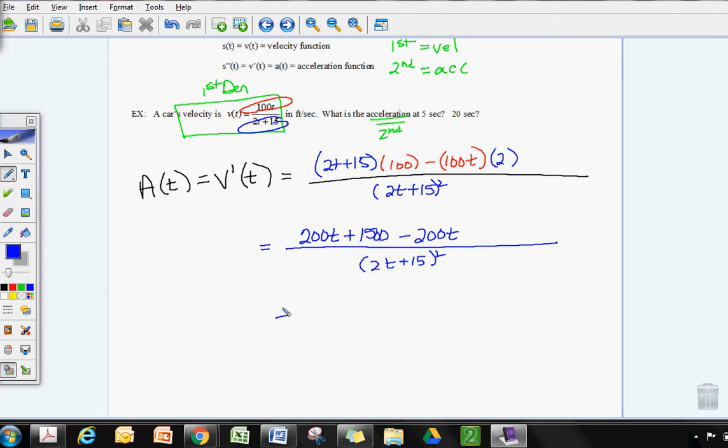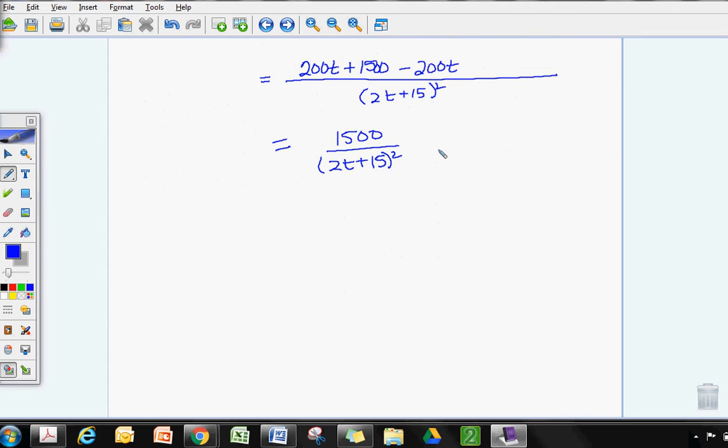Well, let's simplify it because do you see that the t's cancel? So my formula is 1500 divided by 2t plus 15 quantity squared. Okay, that's the formula. So let's mark this formula. And this would be for acceleration.